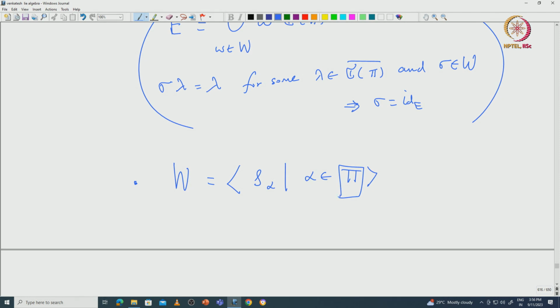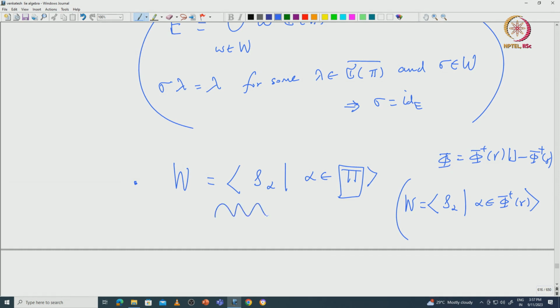Already you can divide, because phi is phi plus of gamma disjoint union minus phi plus of gamma, and you can see that W is given by the subgroup generated by s alpha, alpha coming from phi plus of gamma. So this is easy, but we will prove a very strong statement, that W is indeed generated by what are called the simple reflections. These are called simple reflections because these are reflections corresponding to the simple roots alpha. This is a very strong condition that we make.